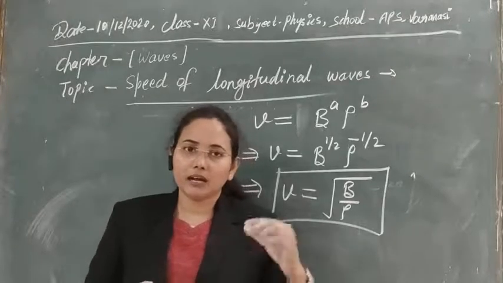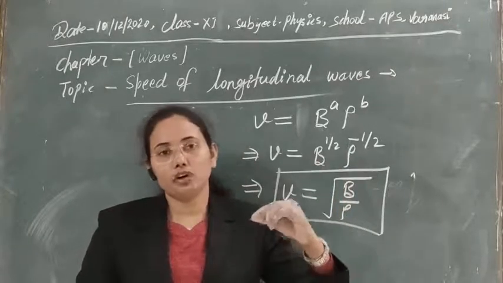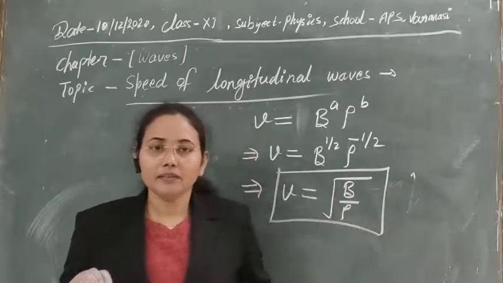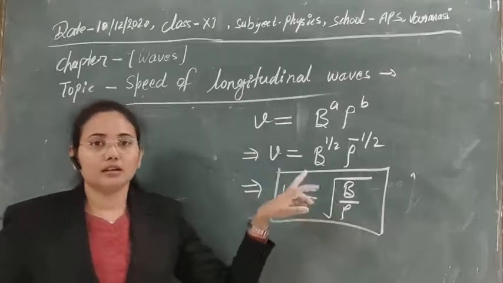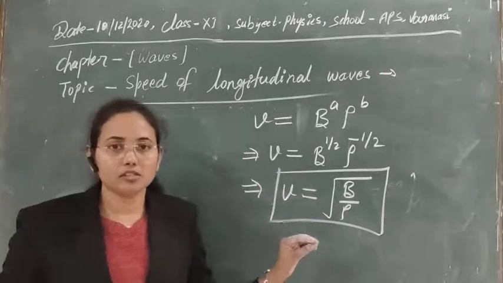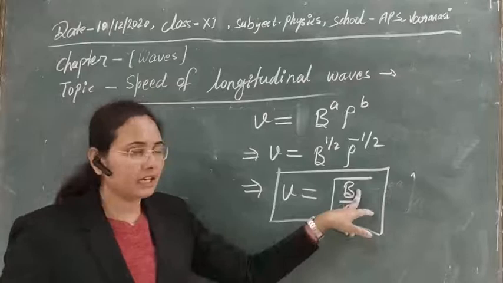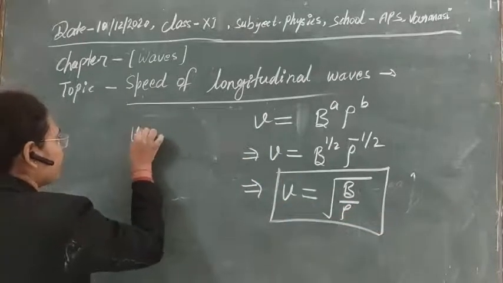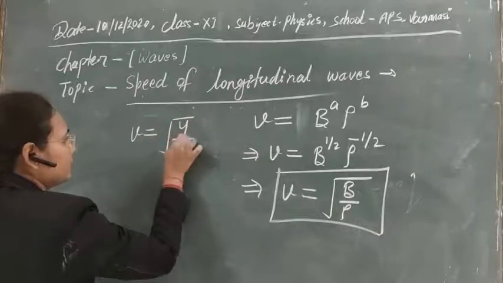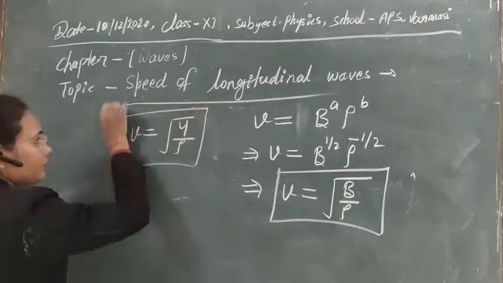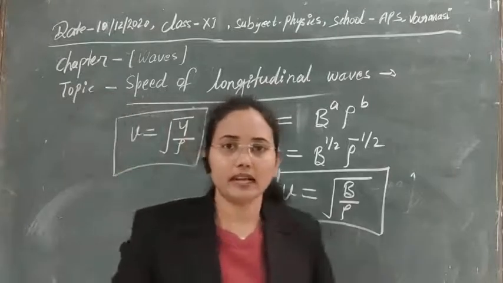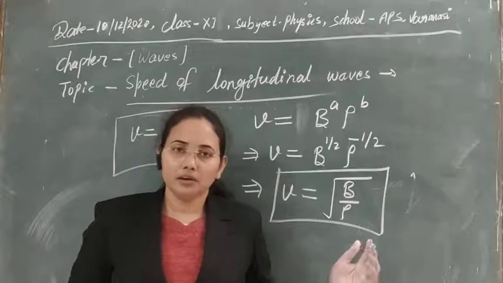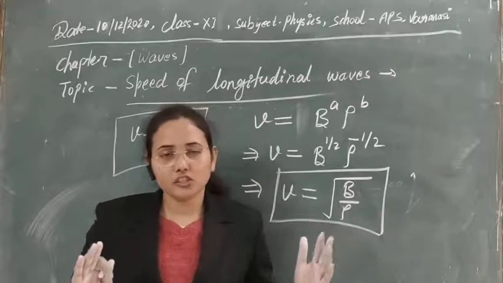If it is a thin bar, in that case the change in volume will not take place, obviously the change in length will take place. That concept gives the concept of elasticity, or simply Young's modulus of elasticity. So in place of bulk modulus we will use Young's modulus. For that solid bar you can write this value with the help of this. I think there is no confusion in that section. If we are taking a thin bar, then obviously due to compression and rarefaction there will be a change in length only.